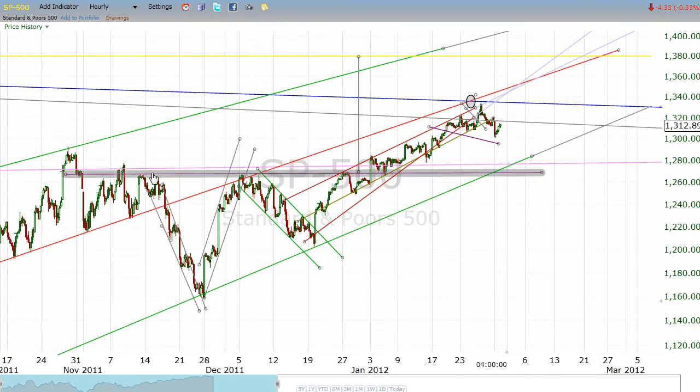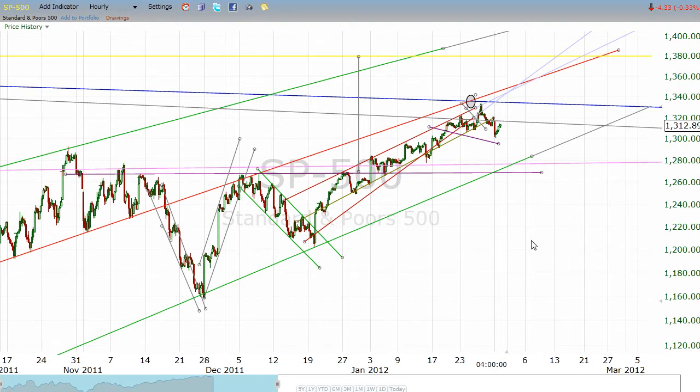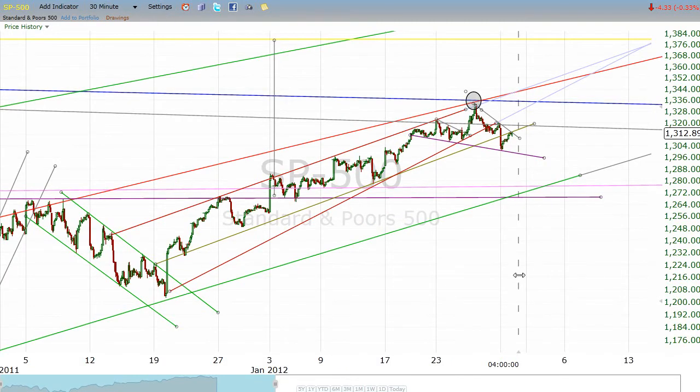There's our left shoulder, head, right shoulder, and this points to where? Points to 1378 to 1380 as its target.